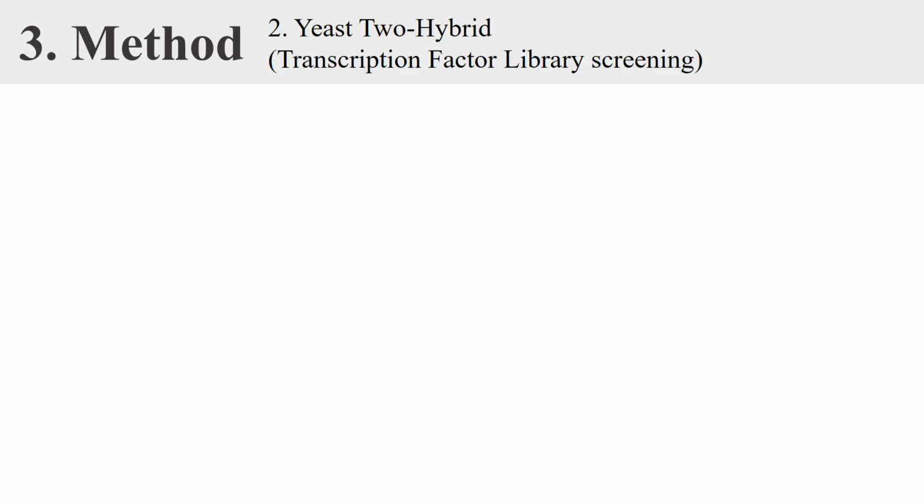Next, when cloning is finished, Y2H (yeast two-hybrid) assay is performed. Y2H is a method for confirming protein-protein interaction and was used to perform library screening using a transcription factor library and to find a target protein that binds to my protein. The principle of Y2H is simple.